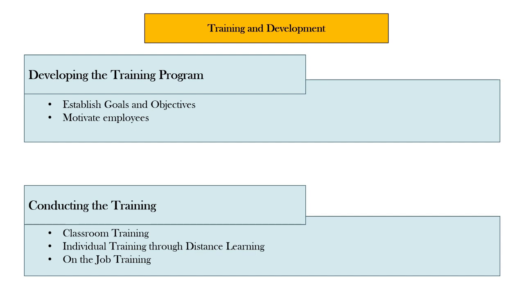In DOH, they actually do this. Nagre-rigodon sila within the organization. So all senior health program officers would be rotating. They're going to experience managing a certain health program different from what they are handling at the present moment. That's the job rotation.